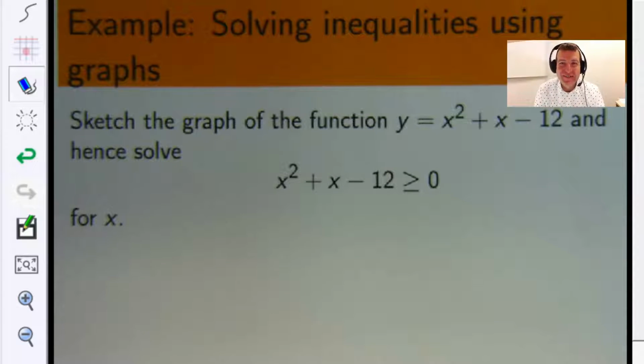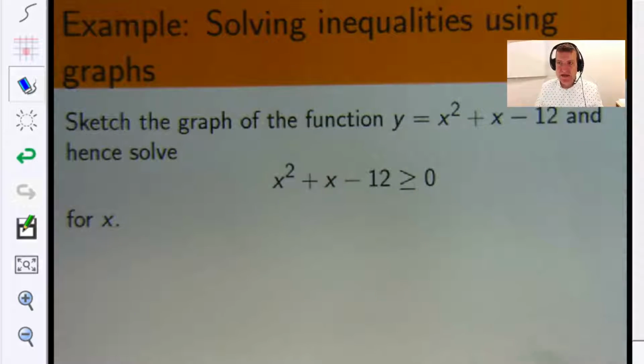Thanks for tuning in. In this presentation, I'm going to continue my live streams of calculus for beginners. Now, in particular, we're going to talk about an example that shows you how to solve an inequality using a graph. So, here is the problem. It's a two-part problem.